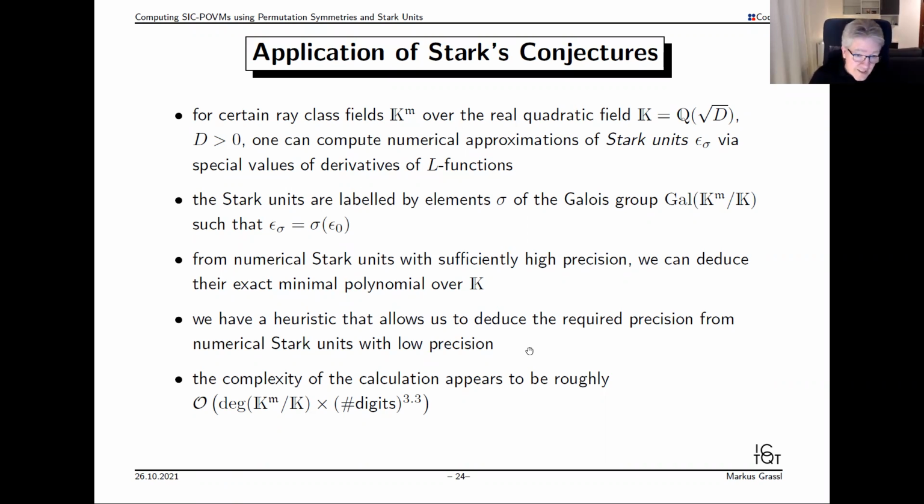The caveat is that we have to calculate as many Stark units as we have the degree of the field, and in terms of the precision, it looks as if the complexity grows more than cubic. So clearly, we want the precision to be as low as possible.